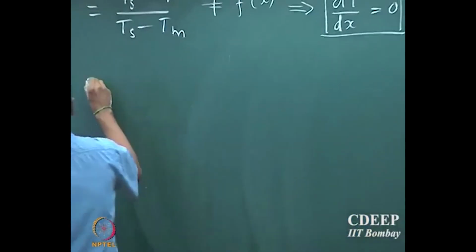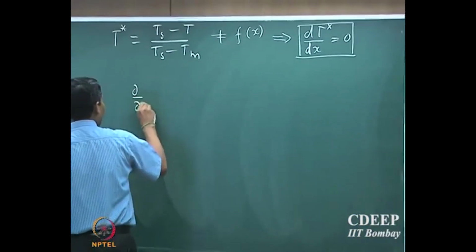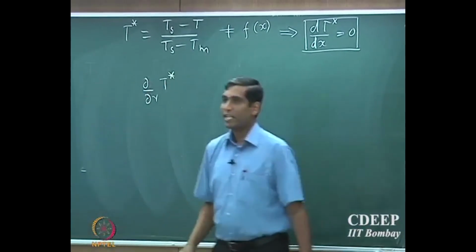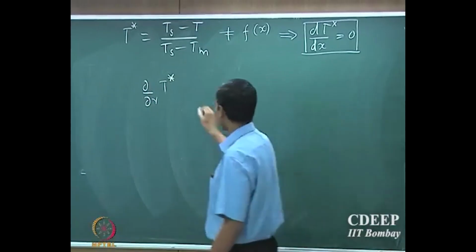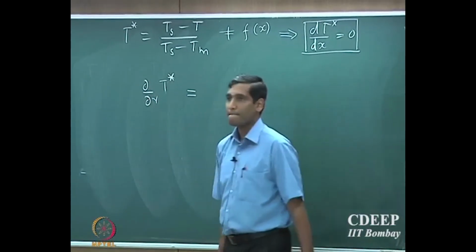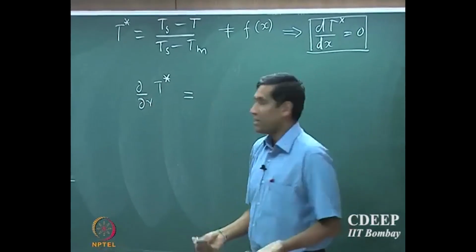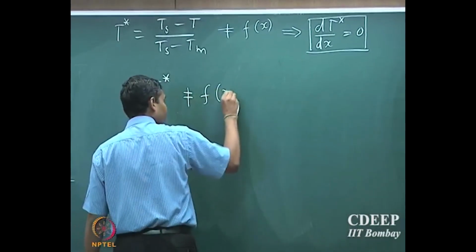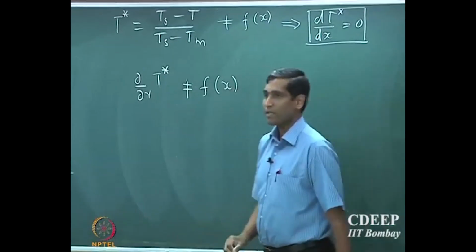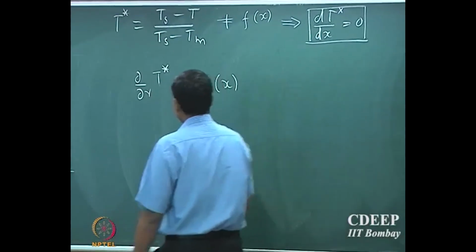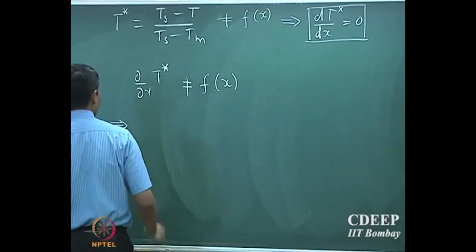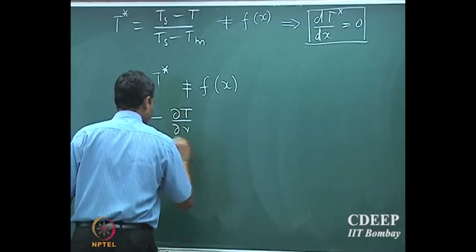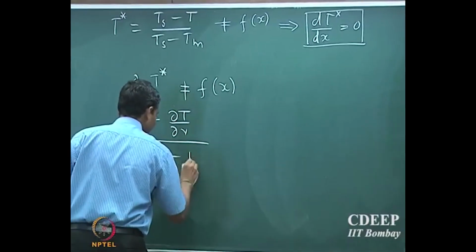So supposing now I take d by dr of T star, okay, is that a function of the x position? No, T star is not a function of x position, therefore this is also not a function of the x position, okay. So now dT star by dr is nothing but minus dT by dr divided by Ts minus Tm.